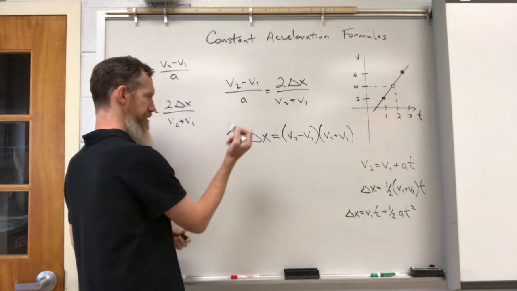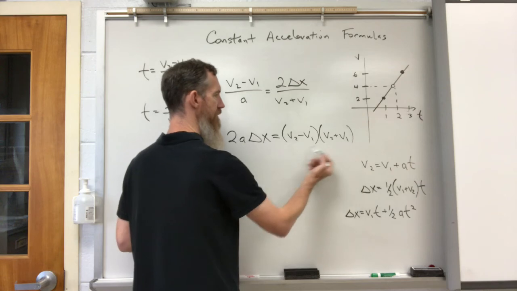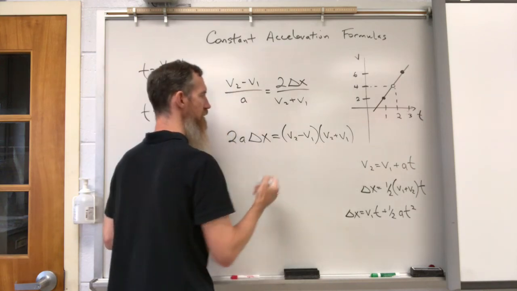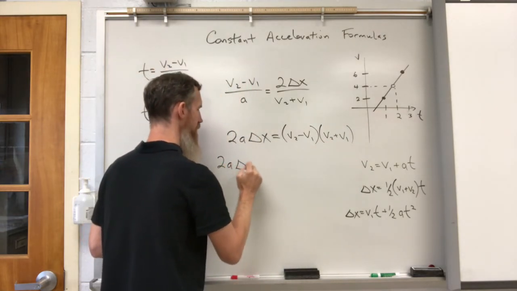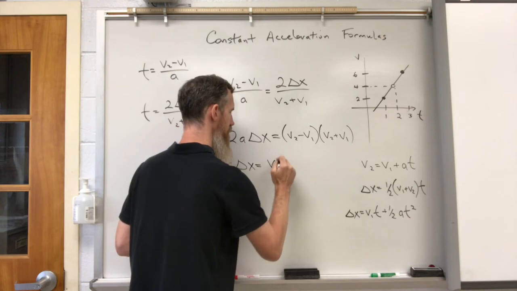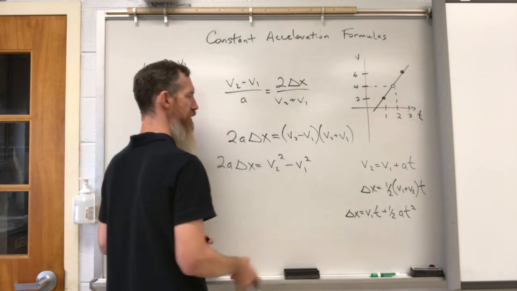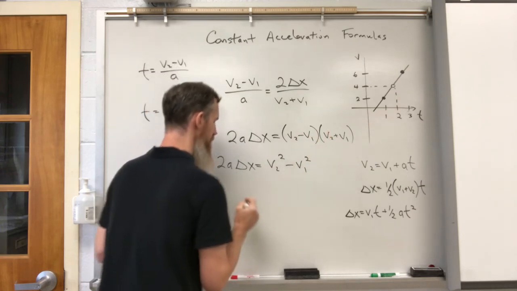You can see I have a kind of perfect square situation going on. If I do the FOILing, I will end up with the following. The two middle terms drop out. One's a plus, one's a minus. I'm left with this.